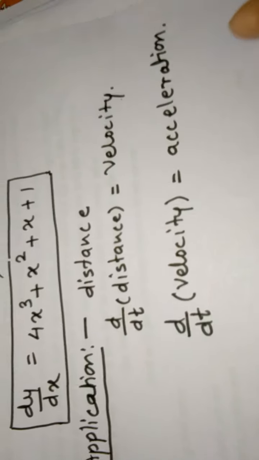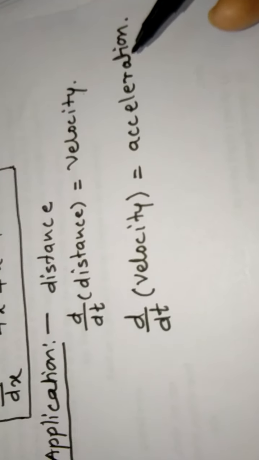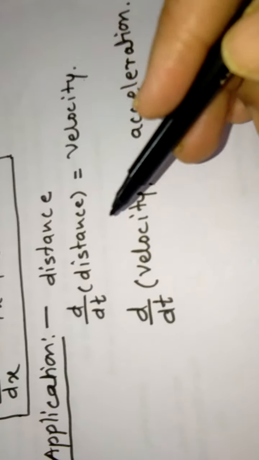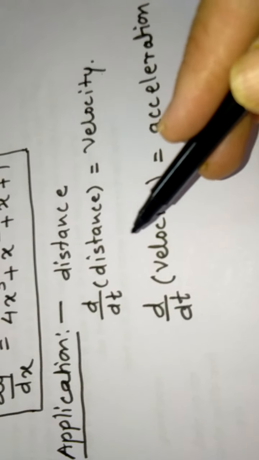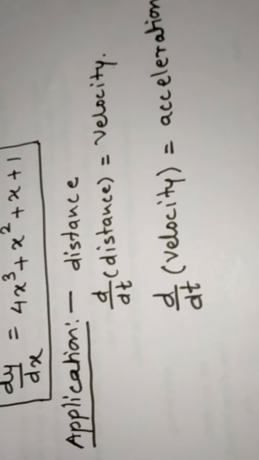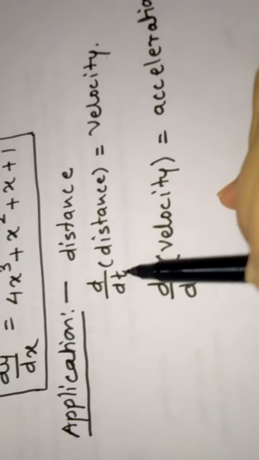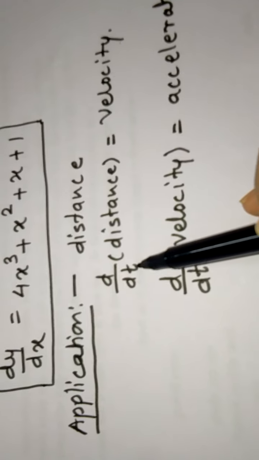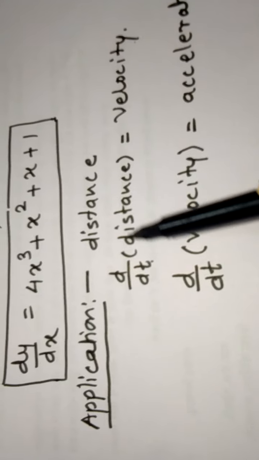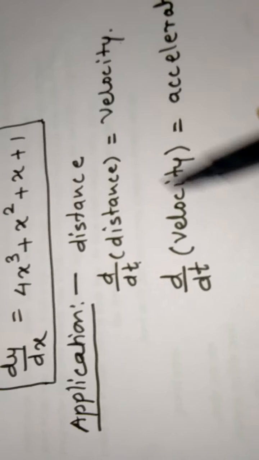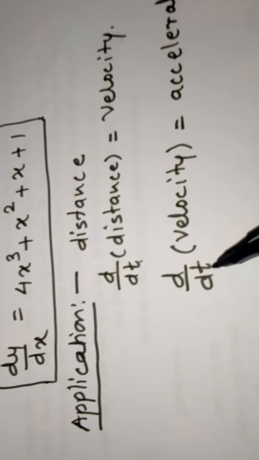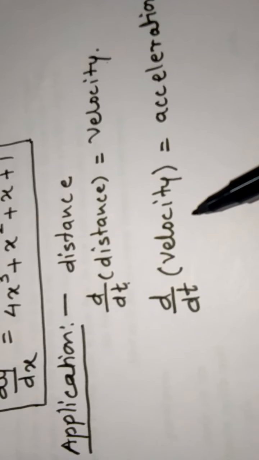This is the application of a derivative, first application of derivative. In this way we can find many applications using derivative, but this is the first application. Distance is given in terms of t. Why t? Because distance upon time is equal to velocity, and velocity upon time is equal to acceleration.